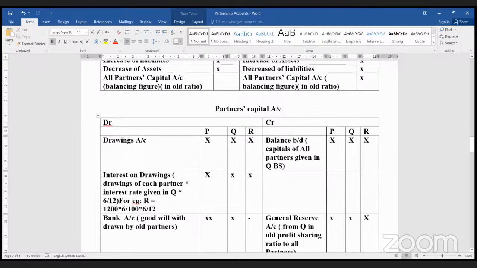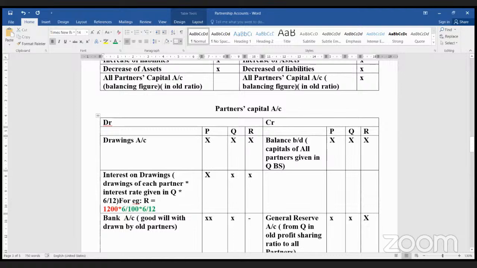R's drawings 1200, rate of interest 6 by 100, and time 6 by 12. This 6 by 100, 6 by 12 is common to every partner. Only the amount of drawings differs from partner to partner. This will change, and the rest remains as it is, common.